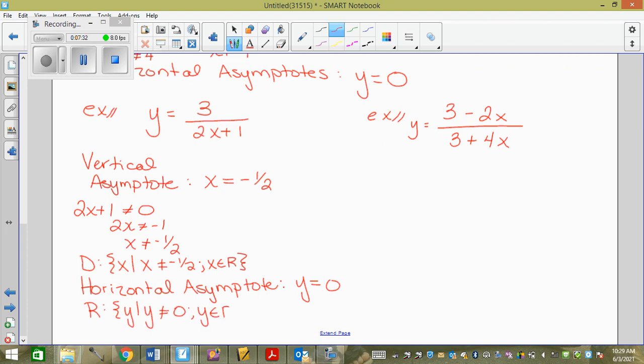So it's whenever the numerator is a lesser degree than the denominator. So the denominator is degree 1 because it would be x to the 1. The numerator would be x to the 0, so it would be degree 0. So it's less. Now, for this one, we have a vertical asymptote.